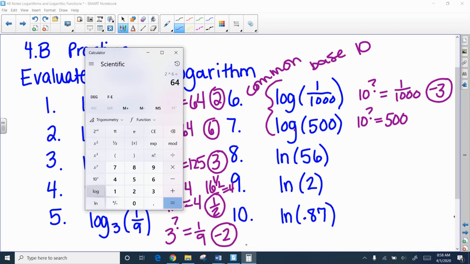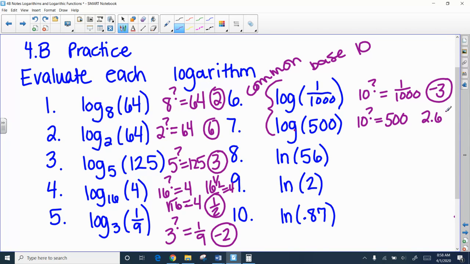We do need a scientific calculator, and we just have to type it in, log of 500. And, whoops, I must have hit the wrong button. Log, oh yeah, I have to do 500 and then hit log on this calculator. So log of 500 is about 2.69, or if we rounded that up, it'd be 2.7.